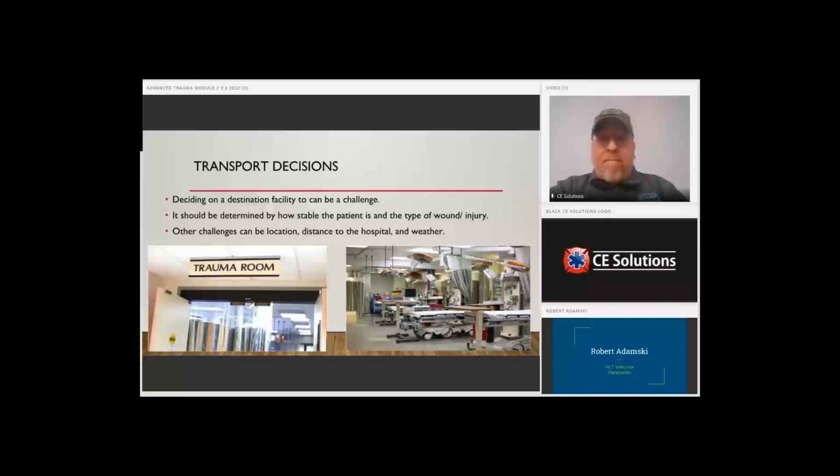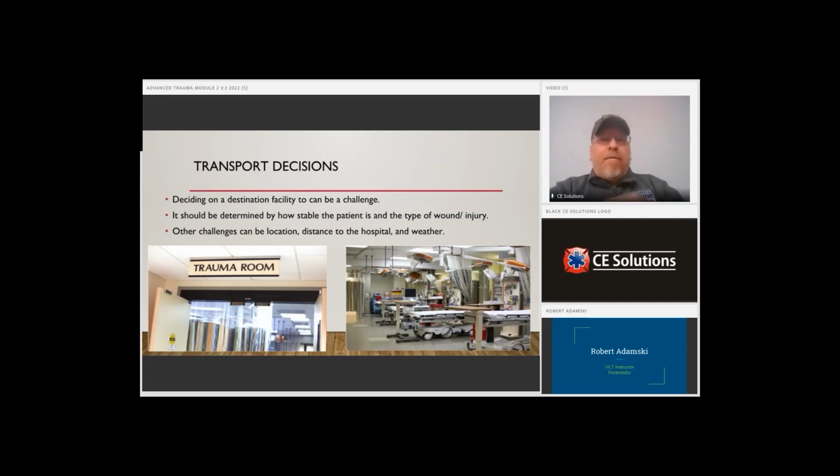Critically injured trauma patients that go to a level 1 or level 2 trauma center have a much better prognosis than those that go to a level 3 or a regular community hospital. So obviously the highest level trauma center you can get that patient to for definitive care will provide the best prognosis for that patient.